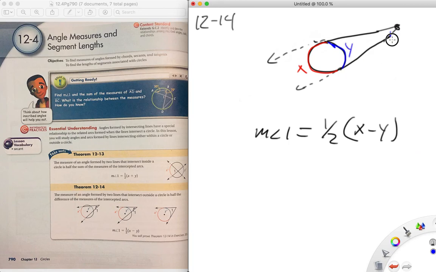Still 1/2 of X minus Y, but now both of the lines are tangent. So those are the 3 scenarios. Both sides of the angle go through the circle; one is tangent and one goes through, case number 2; or both of them are tangent, case number 3. In any of the 3 cases, we still get the same equation. The measure of that angle is equal to 1/2 of the difference of the intercepted arcs.